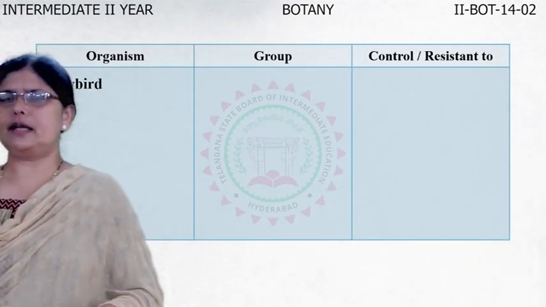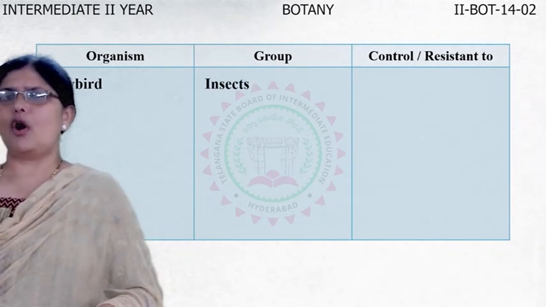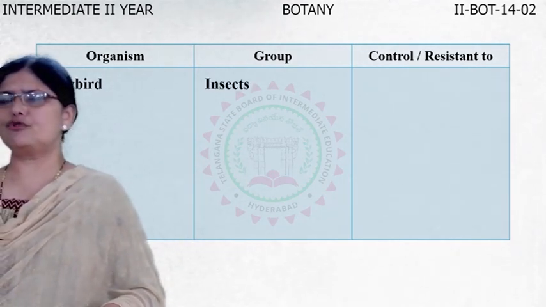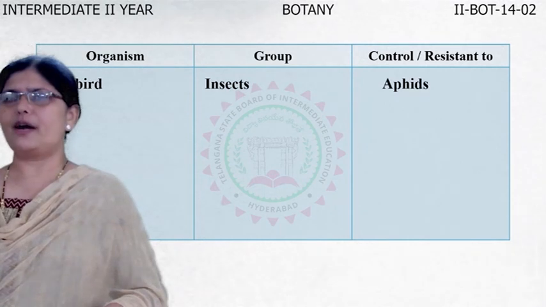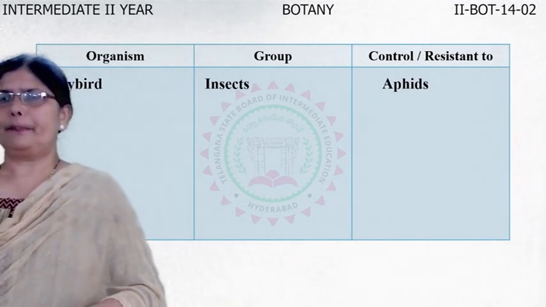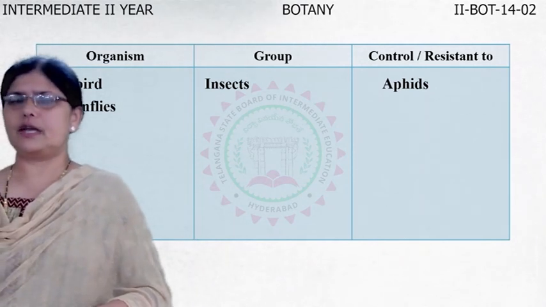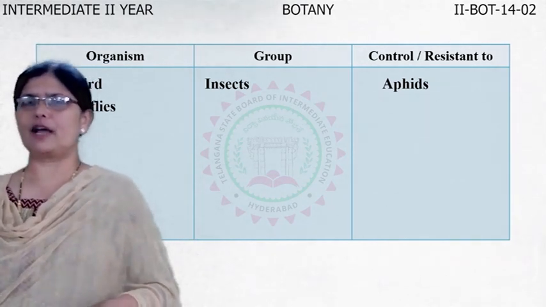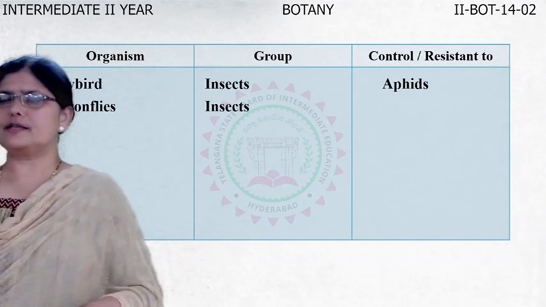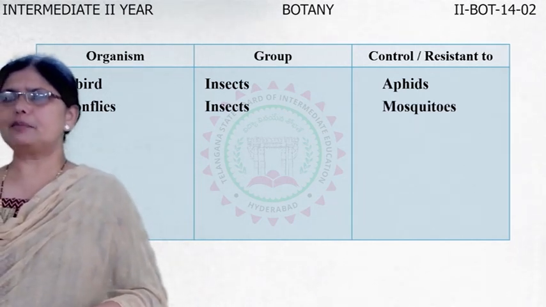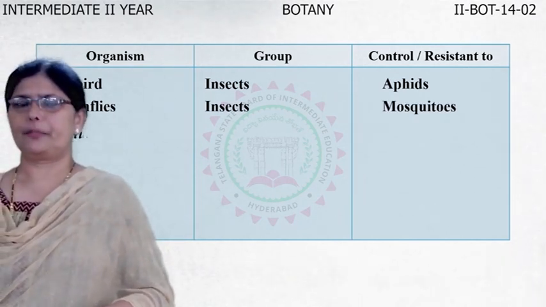Now let us see in this table the organism, the group and the control or resistance provided towards the disease. The ladybug is the organism, which is an insect. It helps in controlling aphids. Dragonflies, also an insect, help in controlling mosquitoes.